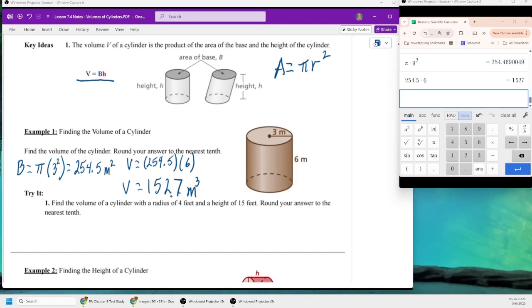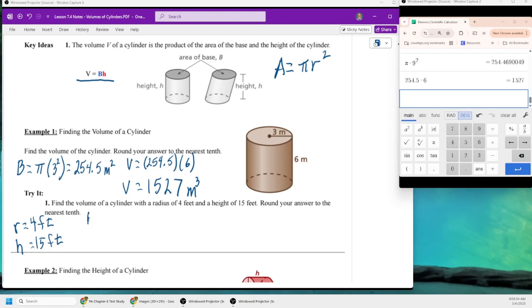All right. On the try it, find the volume of a cylinder with a radius of 4 and a height of 15. It helps you to write those things out. If it helps you, the radius is 4 feet and the height is 15 feet. You can even draw your own picture if you really wanted to.